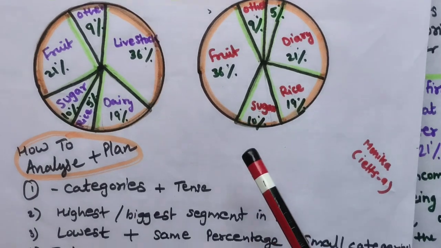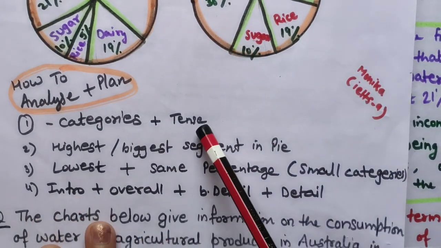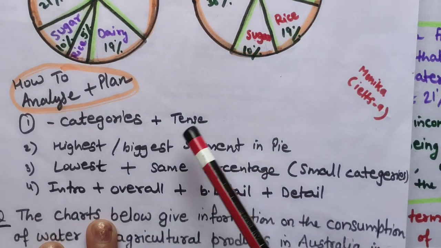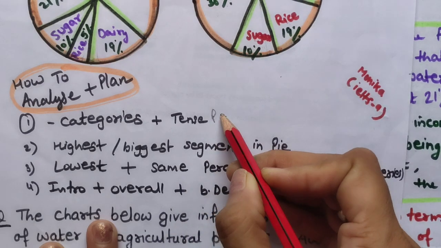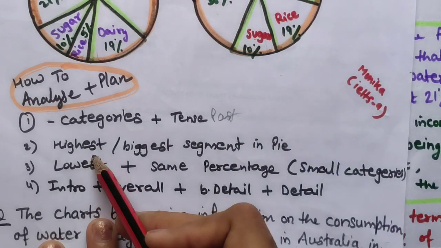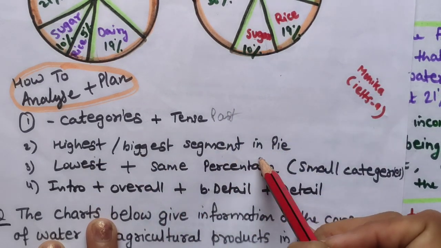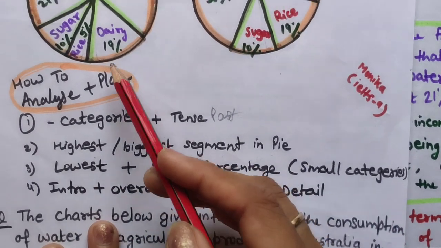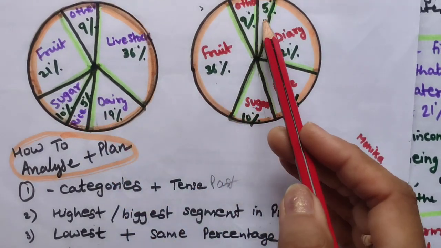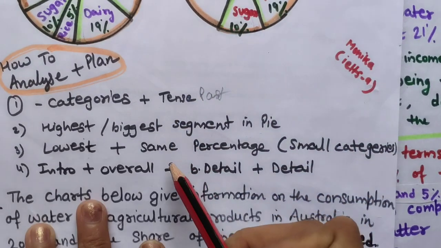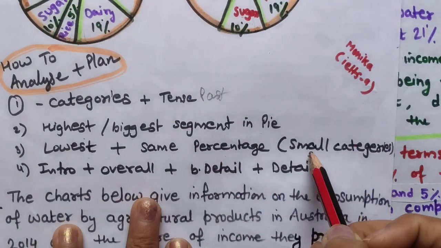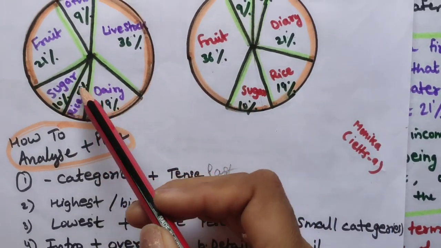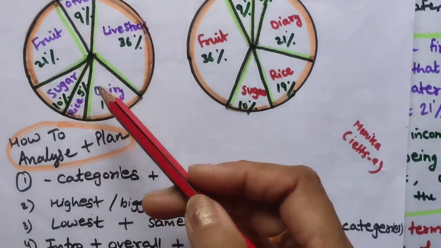What we have done: we have read the categories, we know the tense will be past tense, and we have recognized the highest or biggest segment in the pie chart. We have also recognized the lowest, which is 5% here, and here livestock. And the small categories with similar percentages, we will combine in one sentence.